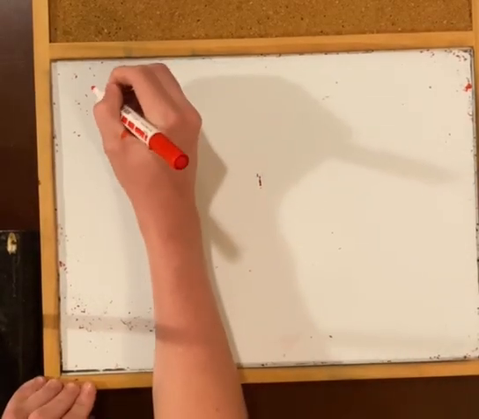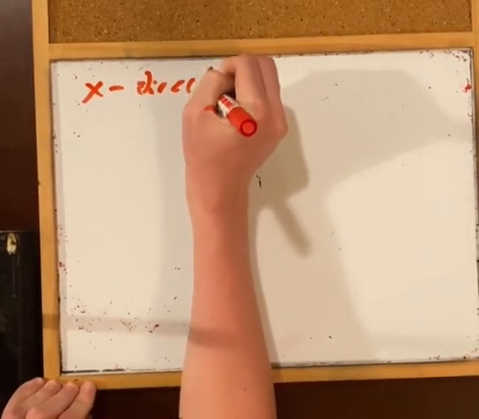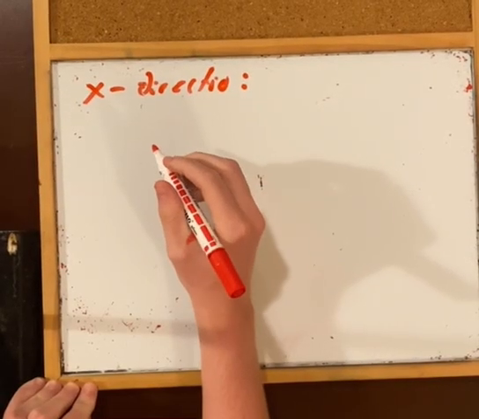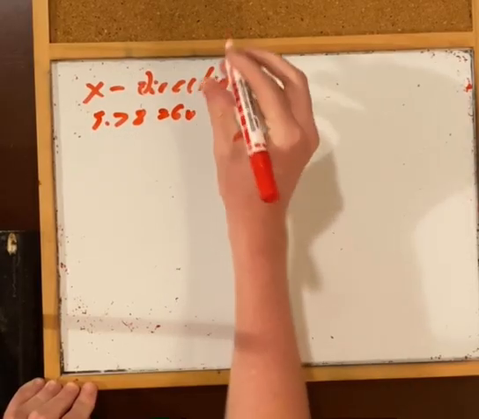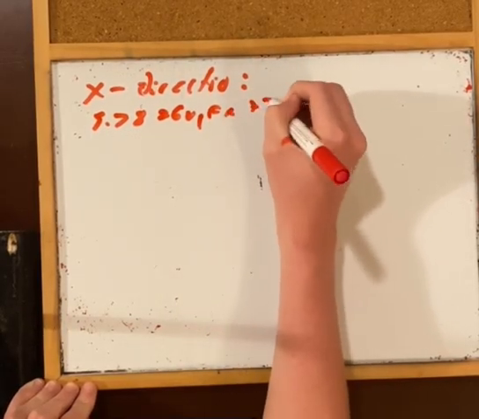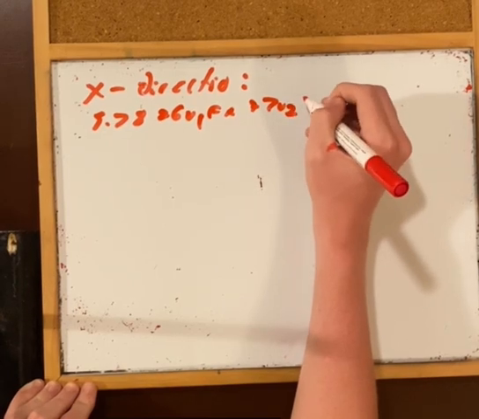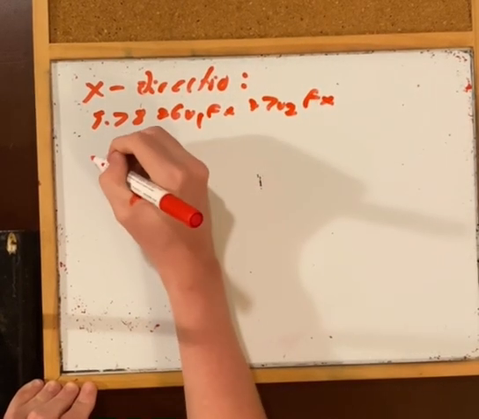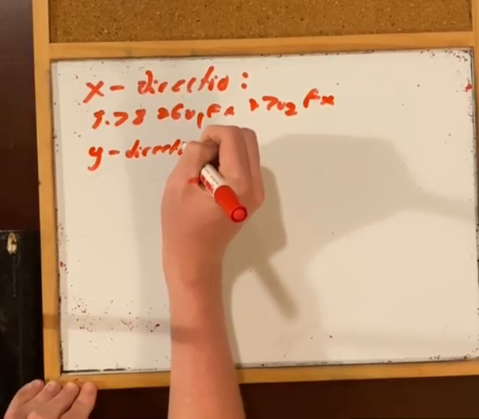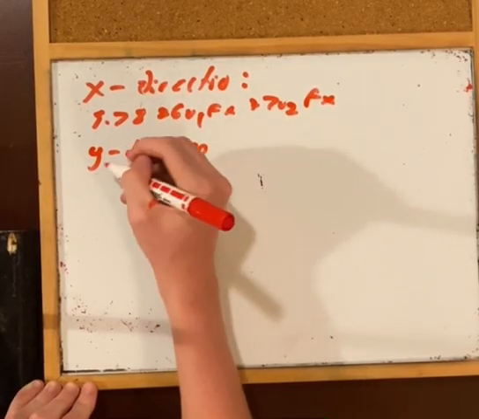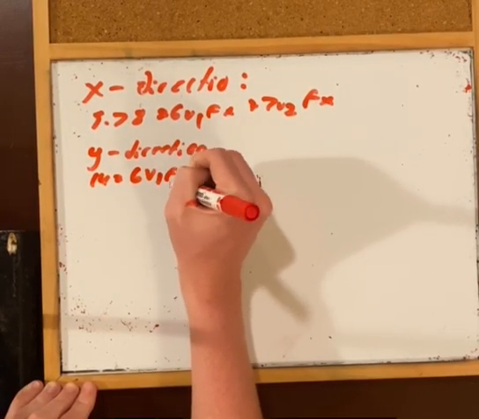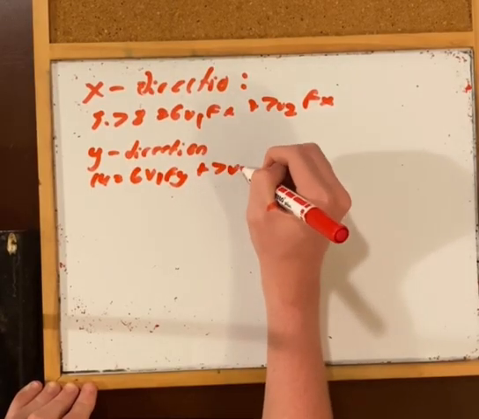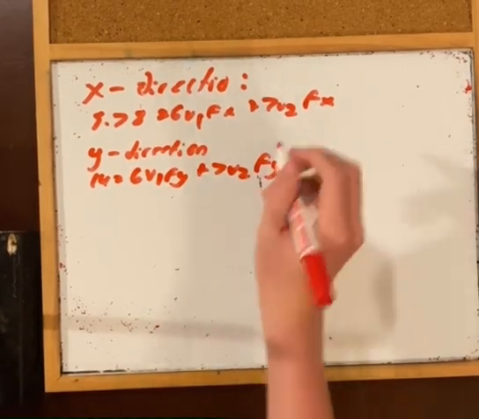So the x direction: 5.78 equals 6 v1f of x plus 7 v2f of x. Now the y direction would be 14 equals 6 times v1f of y plus 7 times v2f of y.